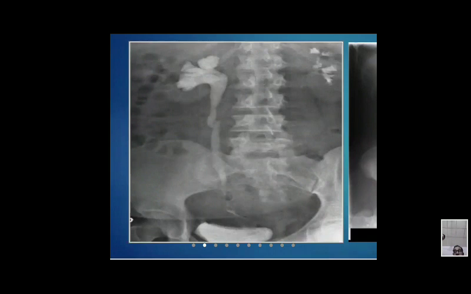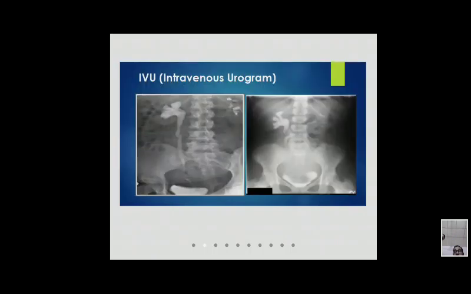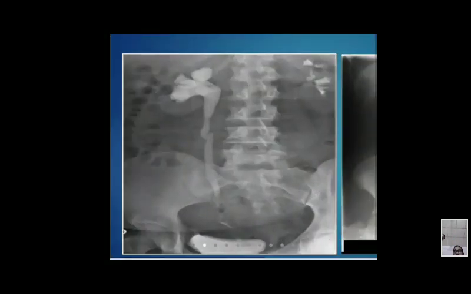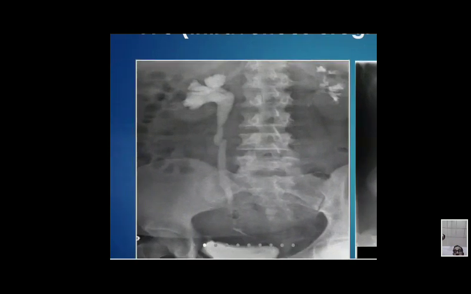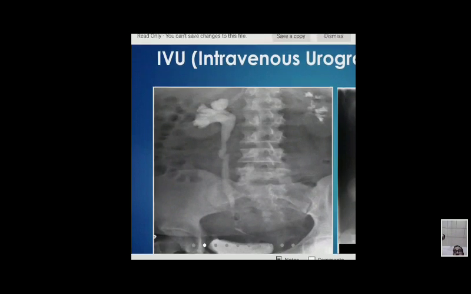What you can see is a contrast X-ray view, an intravenous urography. What have you seen in that X-ray? On the right side, there is a dilated pelvic calyceal system.